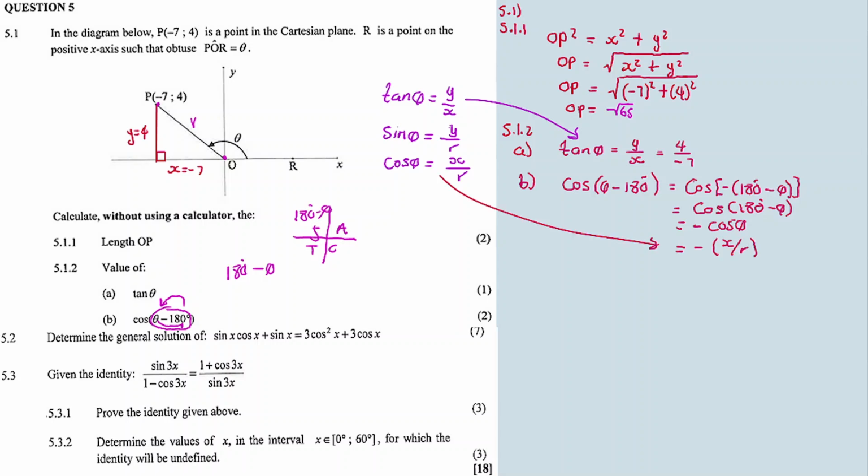So the cos is what? Is x over r, x nginayo, r nginayo. The r is the same as OP. Yeah, substitute, it's minus in bracket -7 over square root 65. So our answer is positive 7 over square root 65.